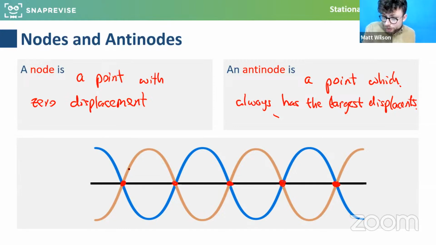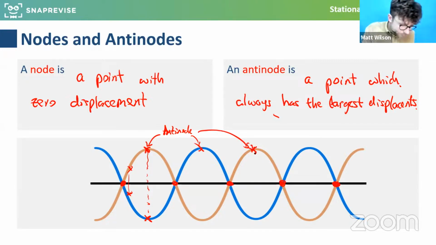Okay, so each of these points on the string is oscillating up and down, but there is one that is oscillating up and down with the biggest possible amplitude, and that's the one here. And we call that one an antinode. So there's an antinode, there's an antinode, there's an antinode, etc. Good, nice.